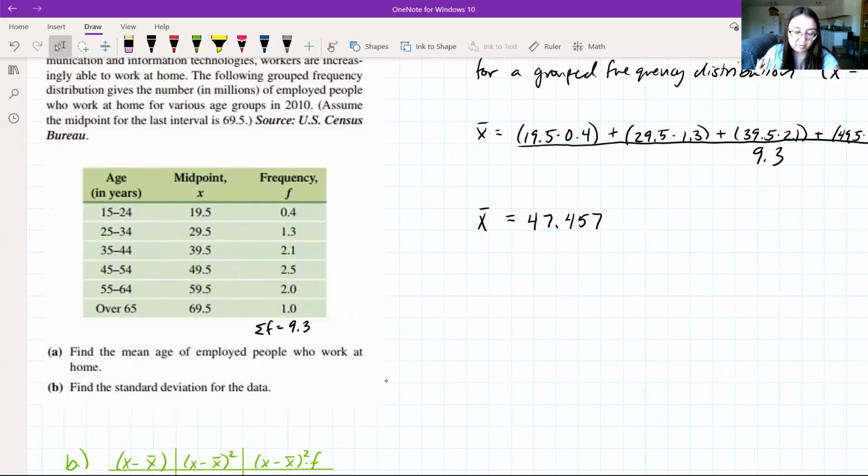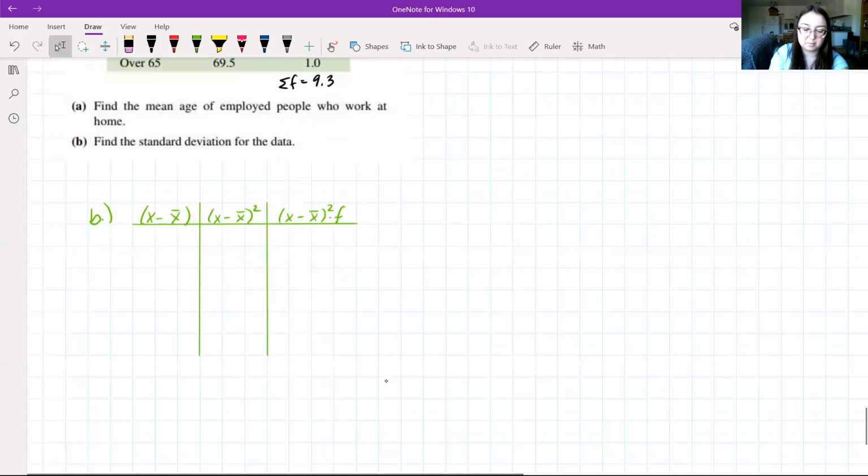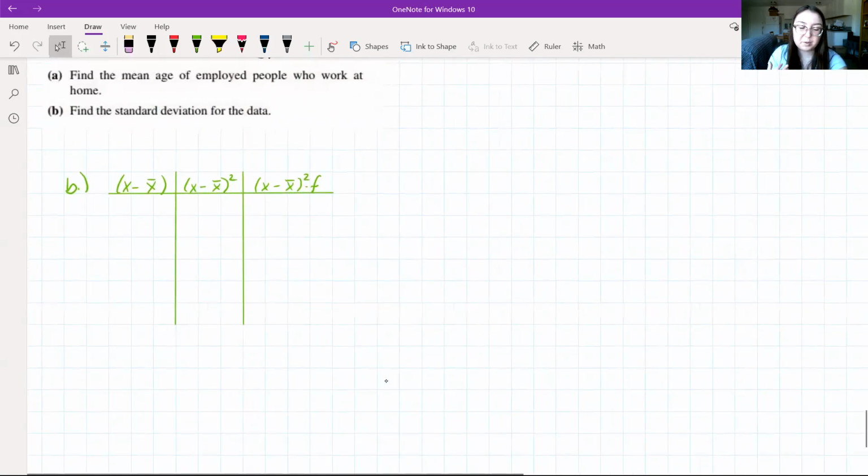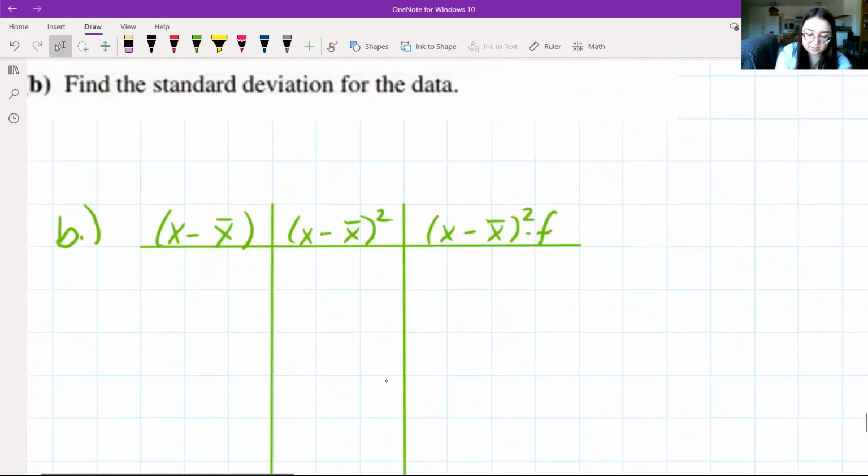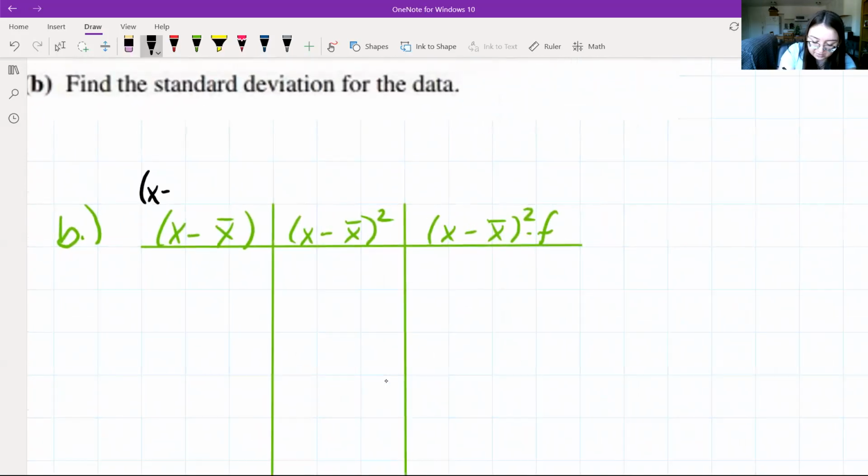Now for part B, we want to find our standard deviation for the data. So we're going to be doing the same thing as we've done in the last two problems, but now our mean is definitely going to be a little bit more annoying when we calculate it since it has 3 decimal points. But we have the same exact values here. So remember, this is going to be x minus 47.457.